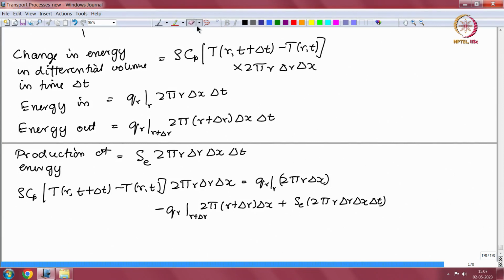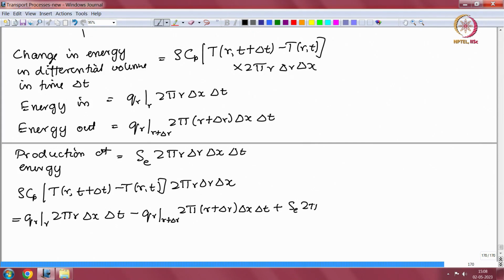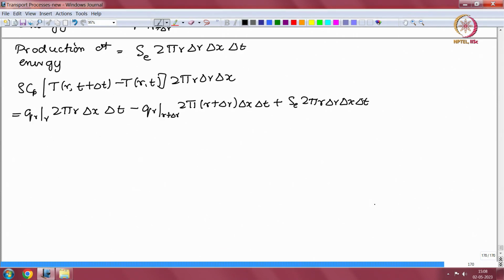Okay. Let me just write it all over again. So, this is the difference equation.